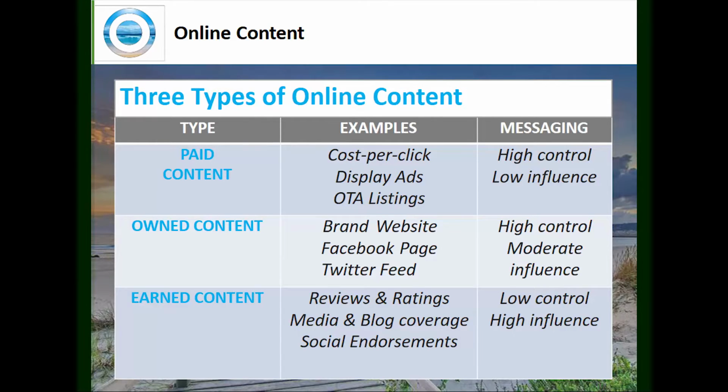If you go to the bottom one and think of the earned content, those reviews, ratings, blogs, tweets, everything, this is an area where you have a lower level of control, but they're highly influential. You can easily see something that is happening recently, as Trump tweets something and it can impact the stock market. A tweet, a mention on TripAdvisor can have a great impact on your business.